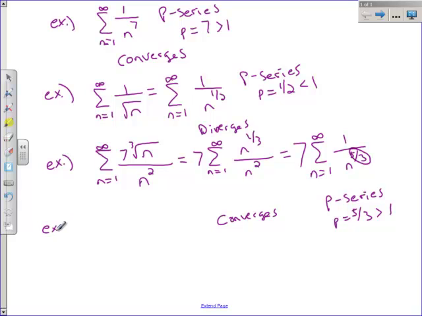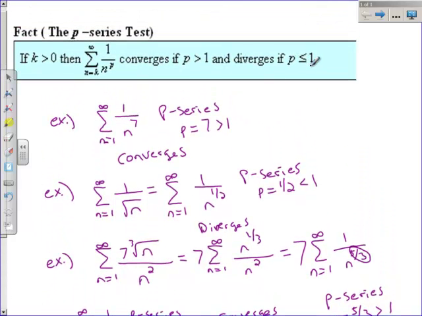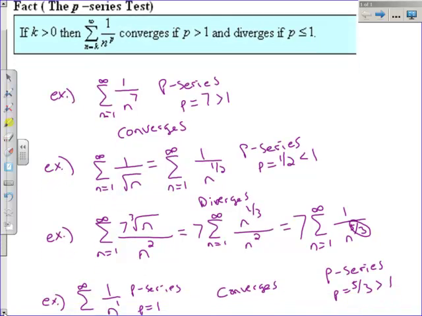Okay. What about the summation from 1 to infinity of 1 over n? This is a P-series. What's the exponent on this n? Well, it's a 1. So it's a P-series where p is equal to 1. And you look at our fact, if p is less than or even equal to 1, this is going to diverge.